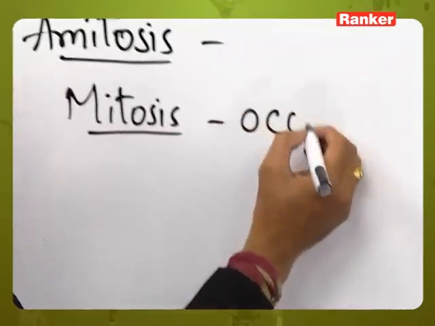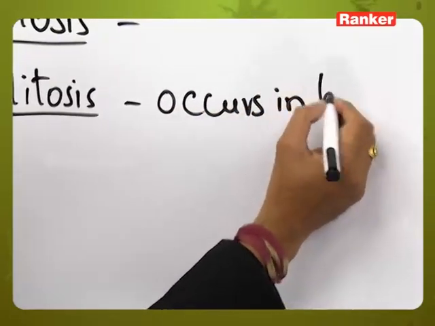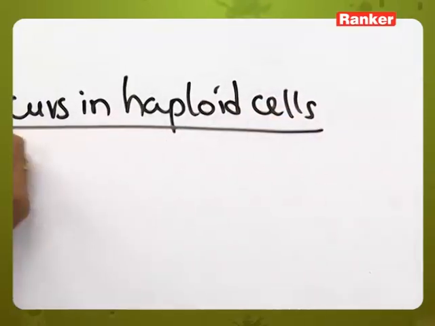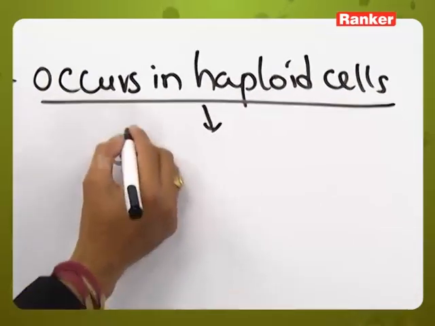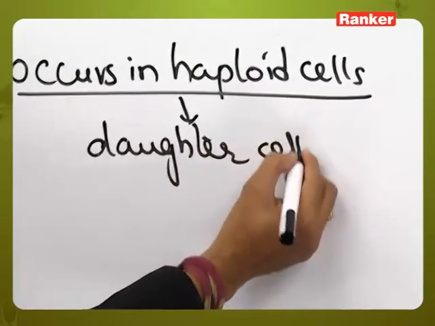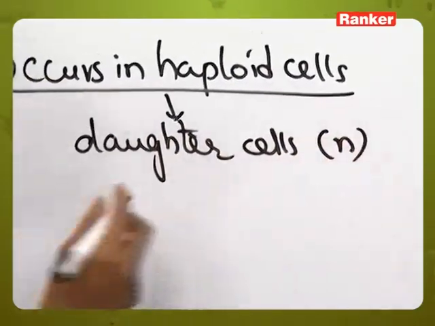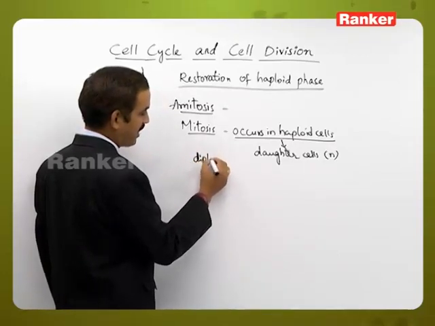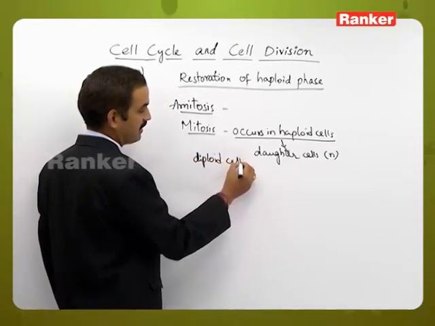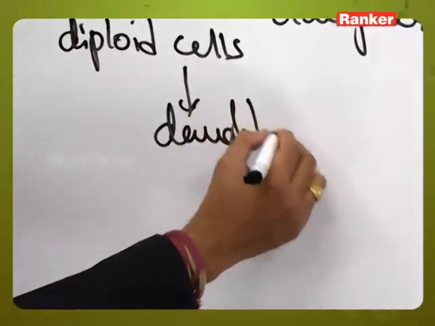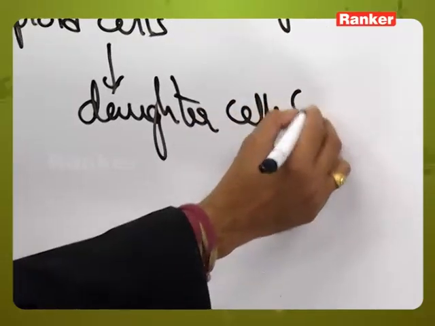This occurs in haploid cells, where these cells will form daughter cells which are also haploid in condition. And if mitosis occurs in diploid cells, the daughter cells will also be in the diploid condition.